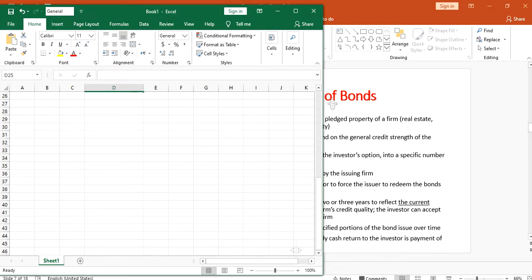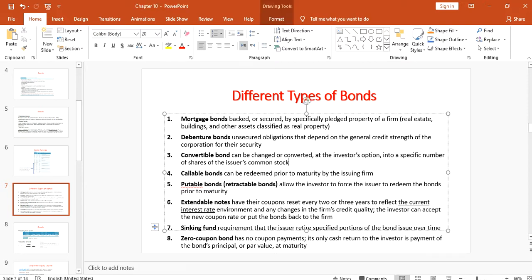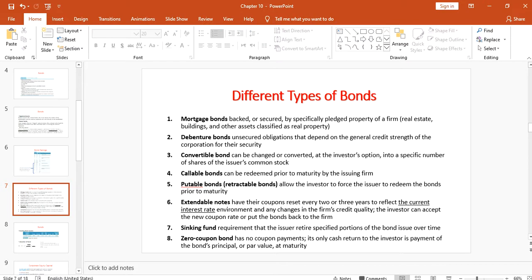Instead of getting back my money, as the buyer of the bond, I'm asking the Microsoft company to convert my bond to common stocks, shares of the company. So these bonds can be converted to common stocks of the issuer based on the investor's demand. Only the investor can demand that.